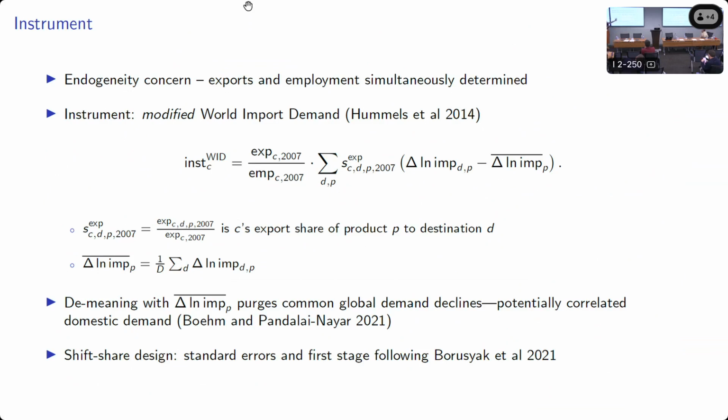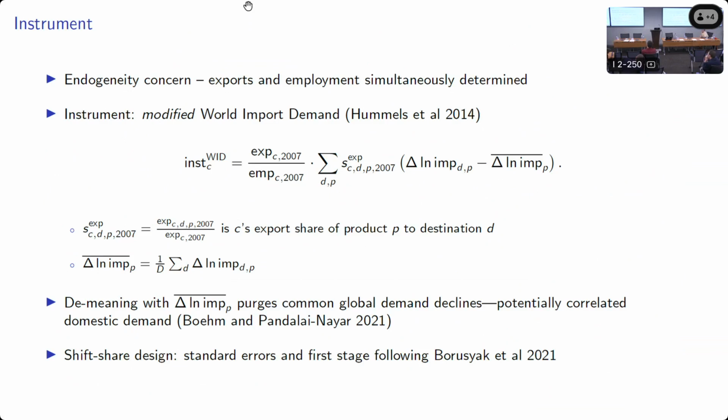What is different from the standard world import demand instrument is that we're going to demean foreign country imports in a particular product by the average world imports of that product. Why is that important? Some shocks could vary worldwide at the product level. This is the Great Recession.